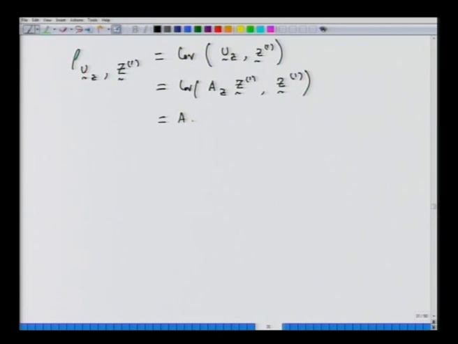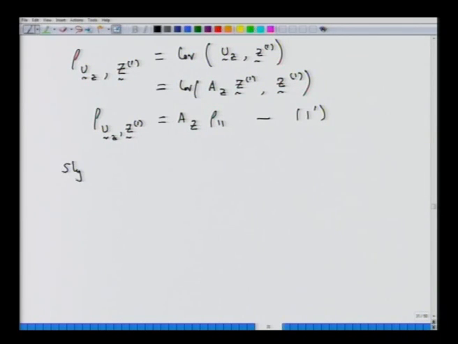You just write that as Az times the covariance matrix between z1 and z1. What is that? That is equal to rho 11. This is the corresponding term to the correlation matrix between u, the vector of canonical variables, and the original variables. Now, the original variables are standardized, and hence we have got this form.